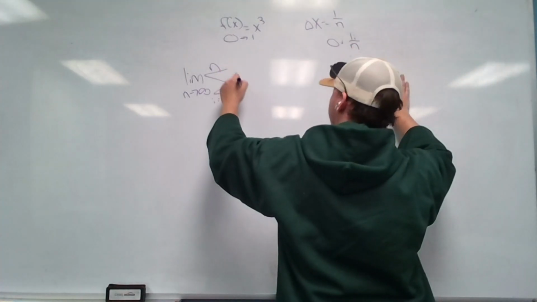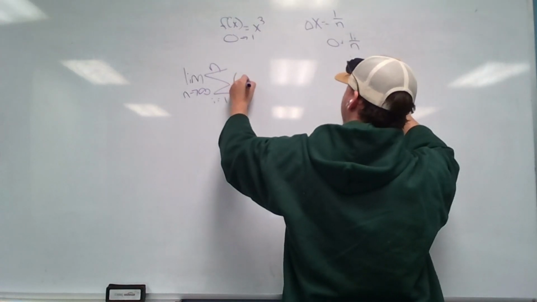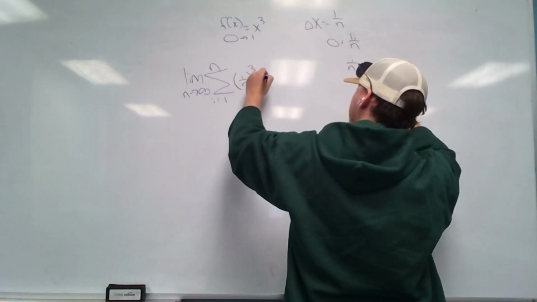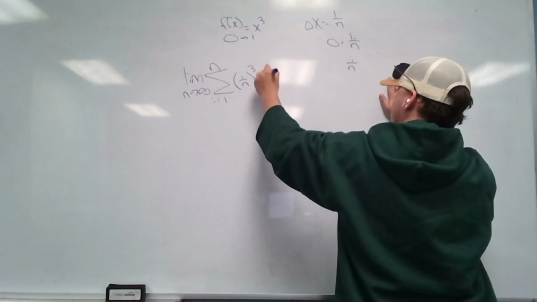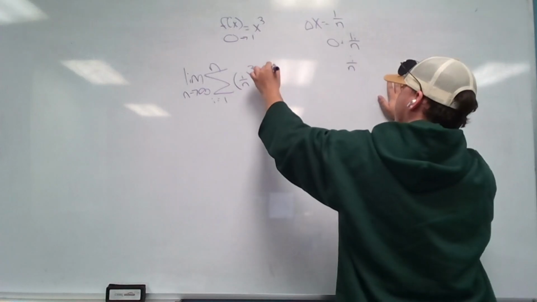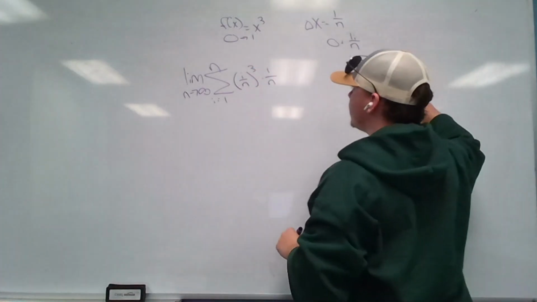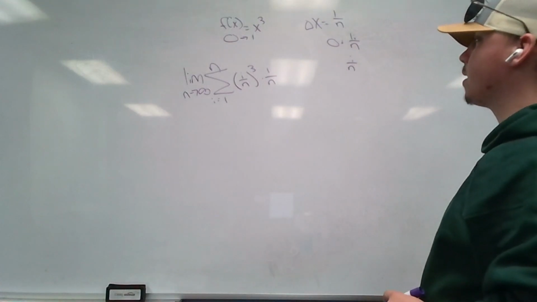So we can construct the inside as i over n cubed, and this is the height, because it's the function, times the change in x, which is 1 over n.